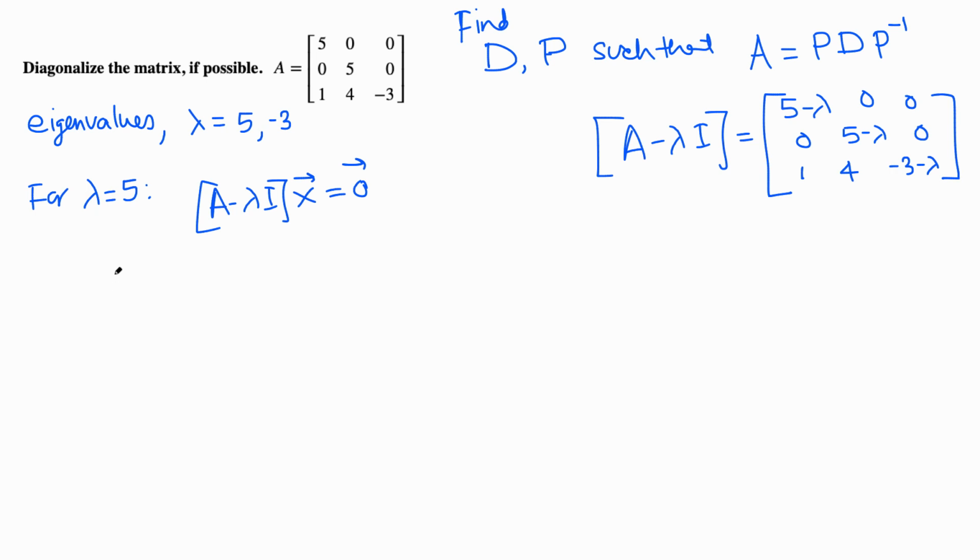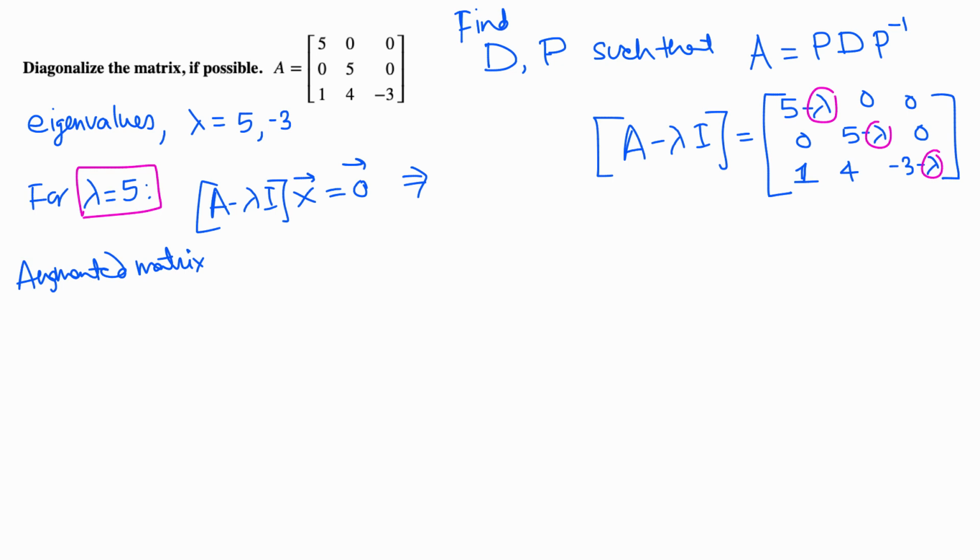I'm going to write just the augmented matrix. So A minus lambda I is here, and we replace lambda by 5.